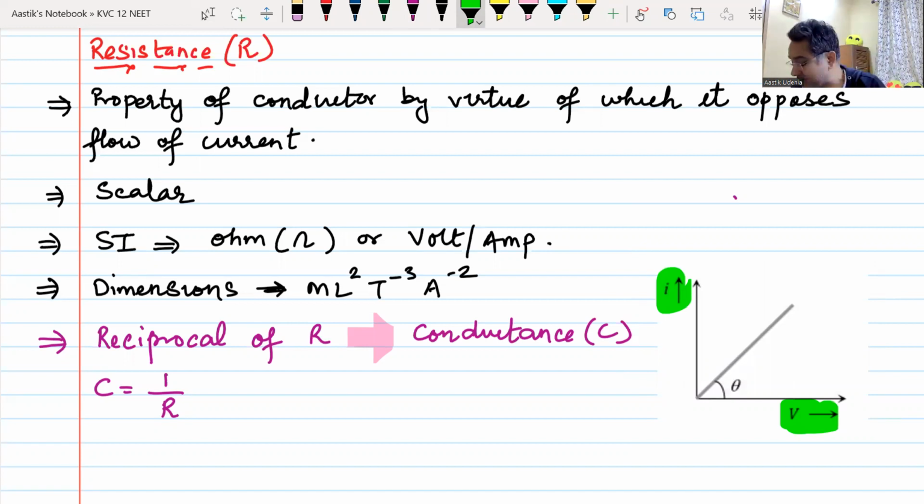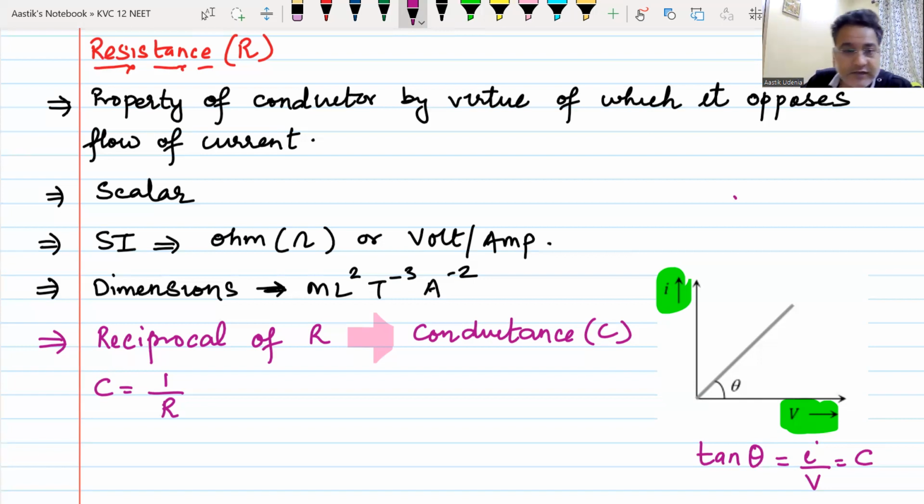Now, if the graph is given between I and V, the tan theta of this graph, which will be I divided by V, will give you the conductance, and that will be the reciprocal of resistance. Do we understand this, everyone? I will give you 2 minutes to note this down.